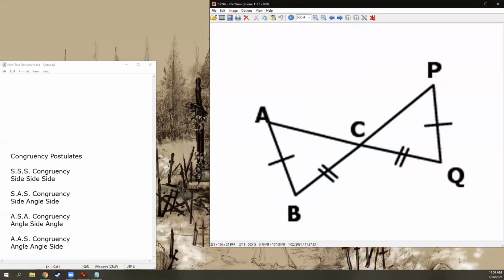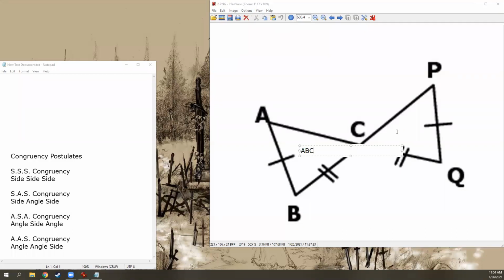Cool. All right. So new triangle, we've got triangle ABC and PQC, right? I'll write them down because that helps a lot. ABC, and then PQC.